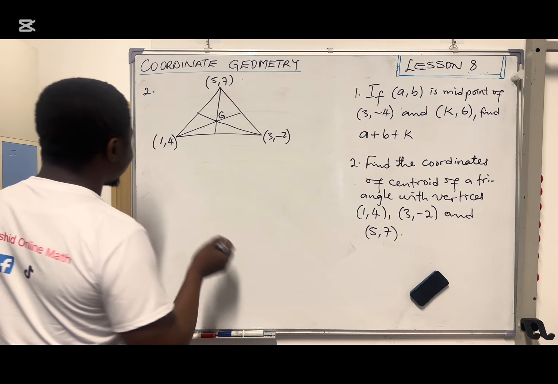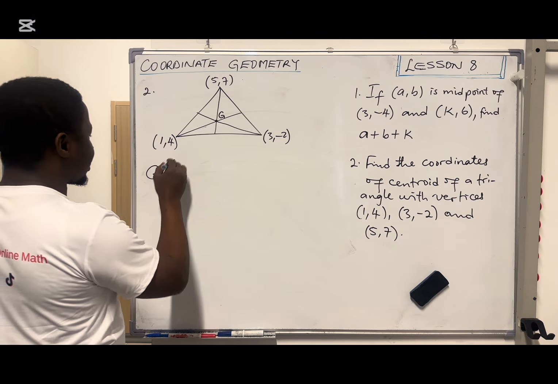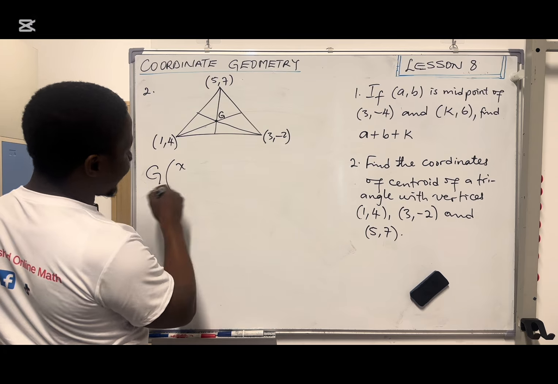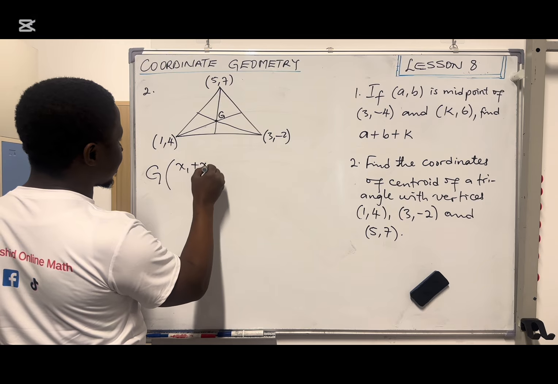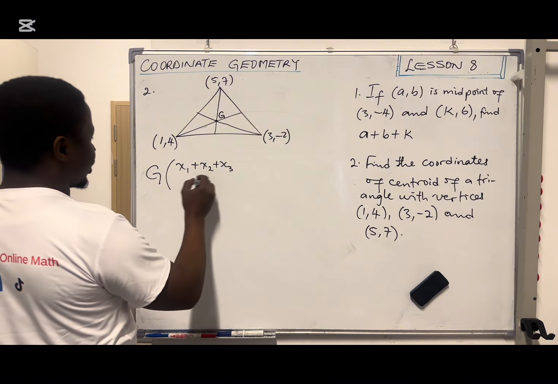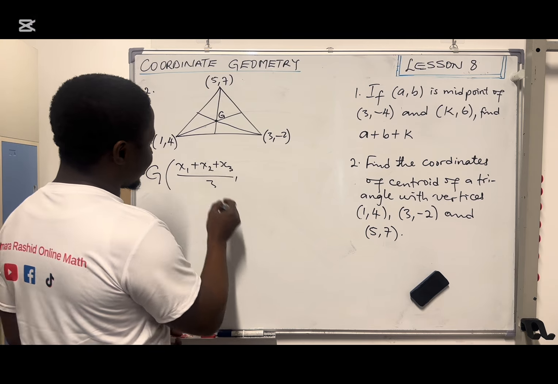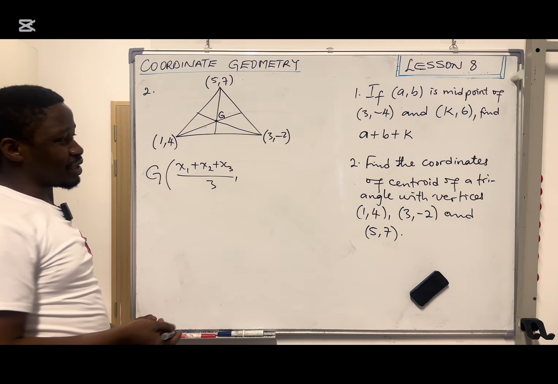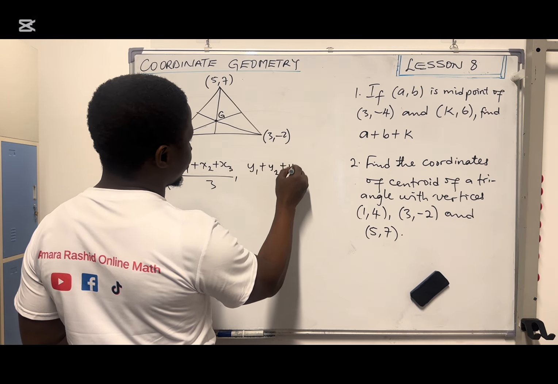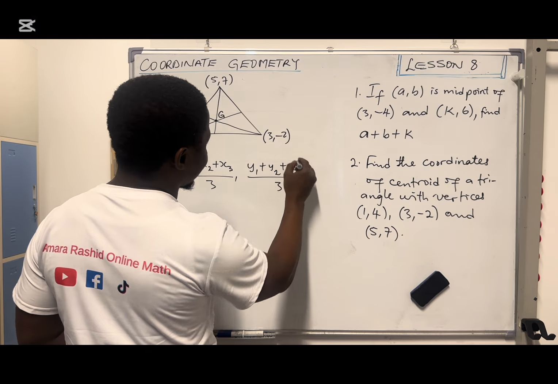Okay, so the centroid formula says what? X1 plus X2 plus X3. You know that we've added 1, 2, 3. So we just have to say divide by 3. There is no magic about it. Then y1, y2, y3 over 3.